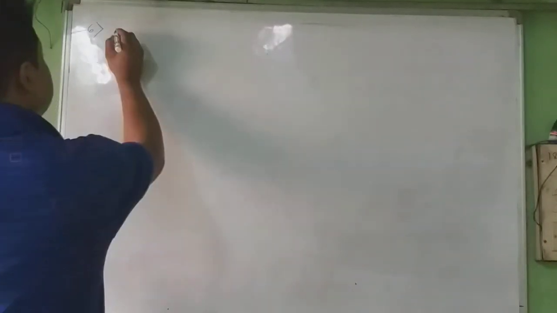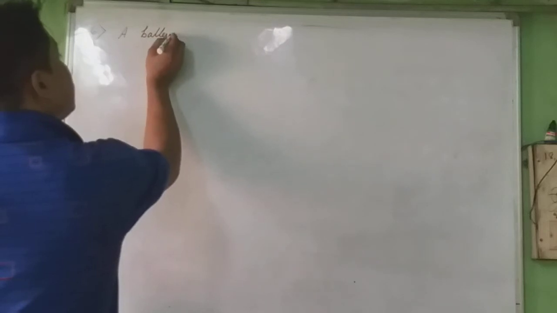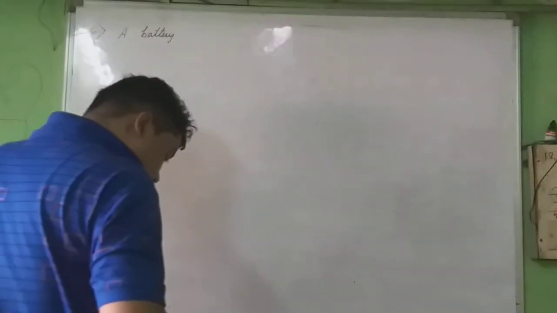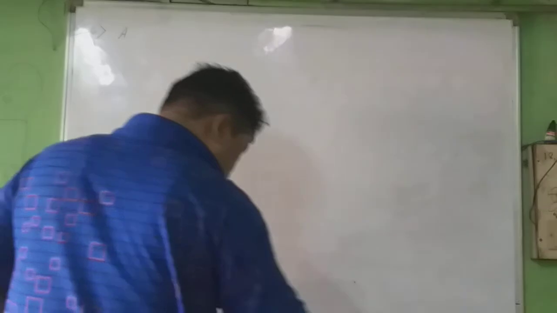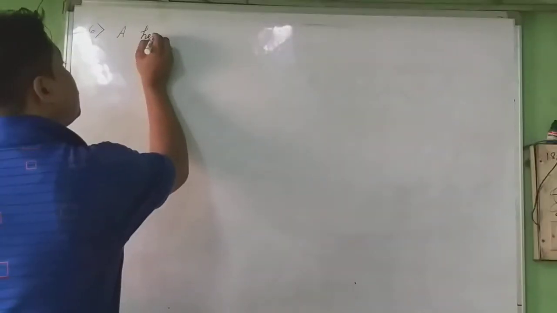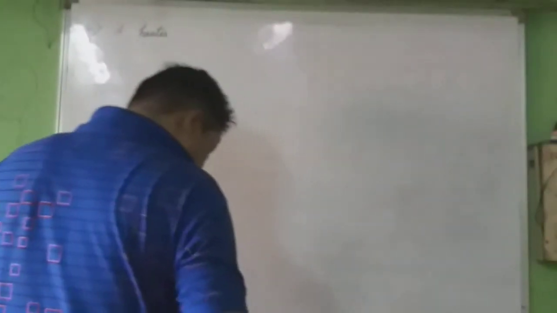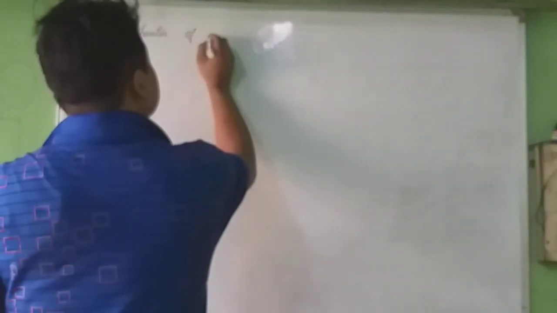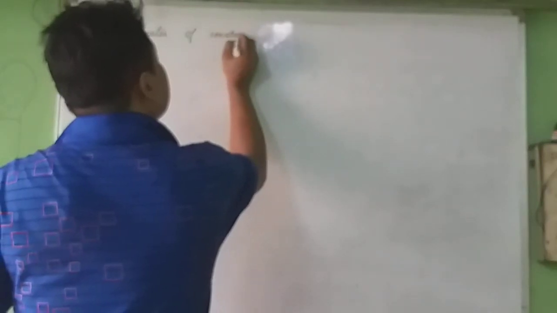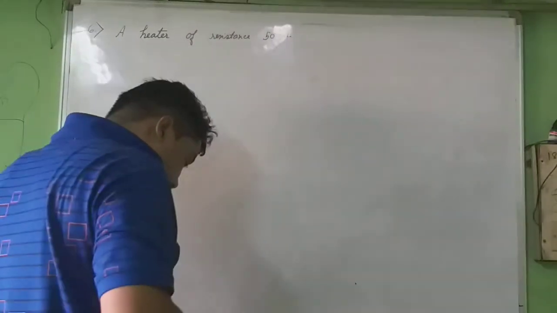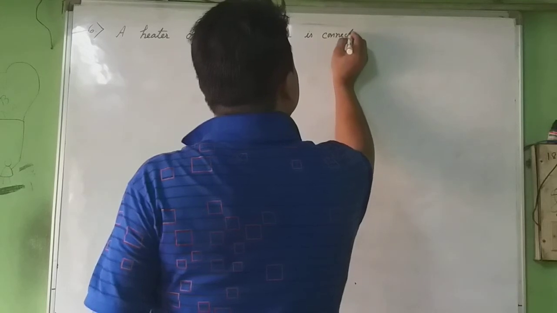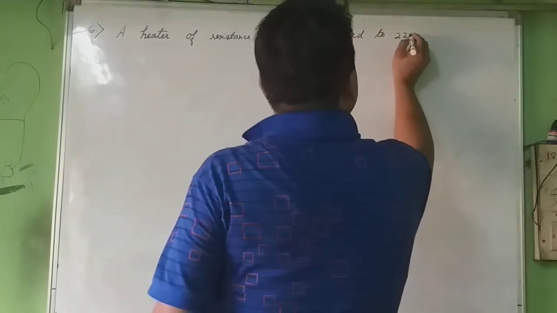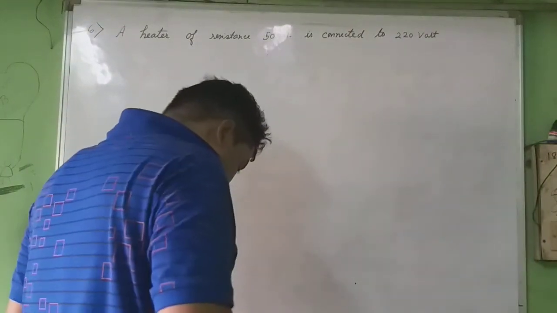A heater of resistance 50 ohm is connected to a 220 volt line.